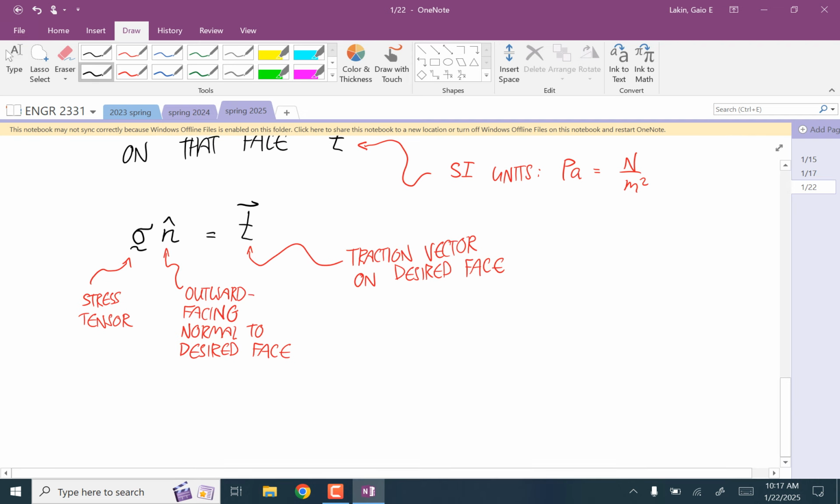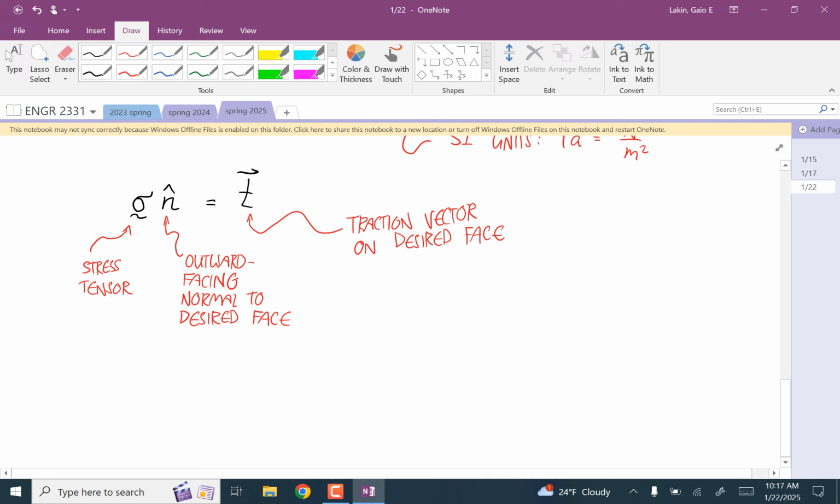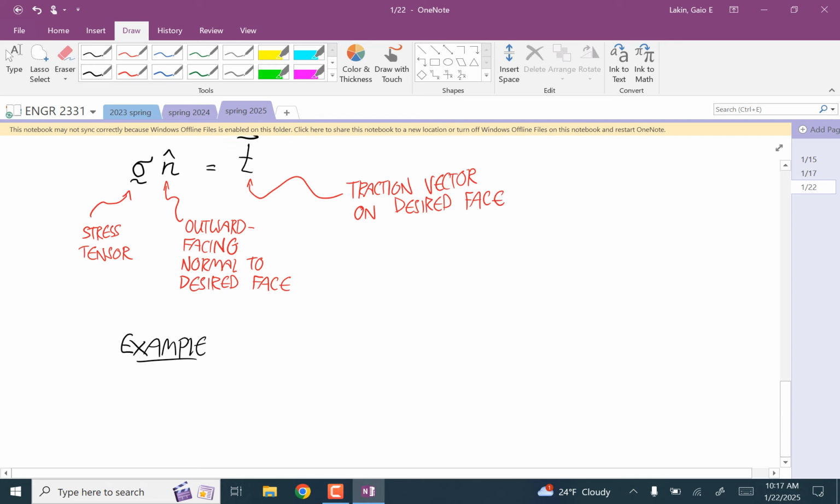This works for all the faces on the stress cube that defines the stress tensor, but it also works on any inclined face. So if you want to know what the traction would be on a rotated face, this would work too. Okay, so we'll do that. But let me start with just thinking about the tractions on the stress cube itself.